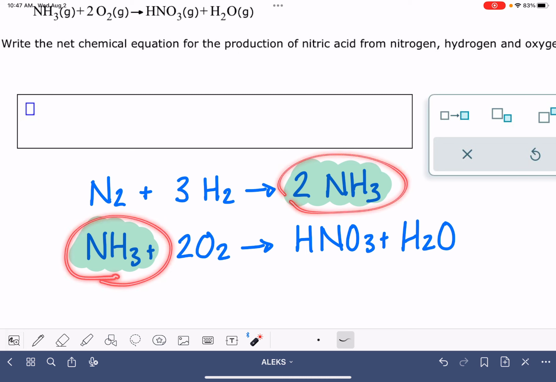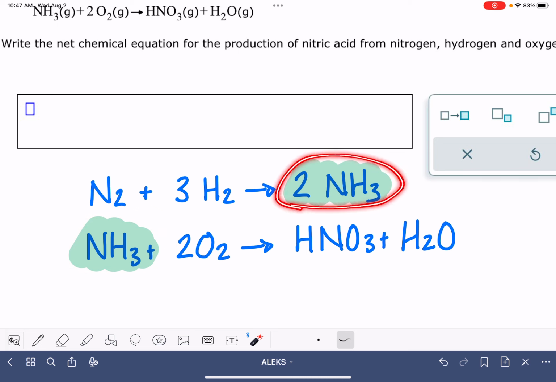The first thing that you need to do is make sure that this molecule, my NH3 or whatever yours is, has the same stoichiometric coefficient in both of the equations. Right now I have a stoichiometric coefficient of 2 for the NH3 in equation number 1, and a coefficient of 1 in equation number 2. My first job is to make sure that NH3 has the exact same stoichiometric coefficient in both equations.